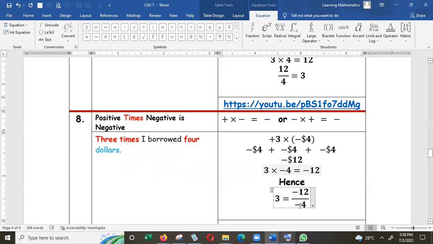So a negative divided by a negative is a positive. So this actually proves that a negative divided by a negative is a positive, and that is another common phrase.